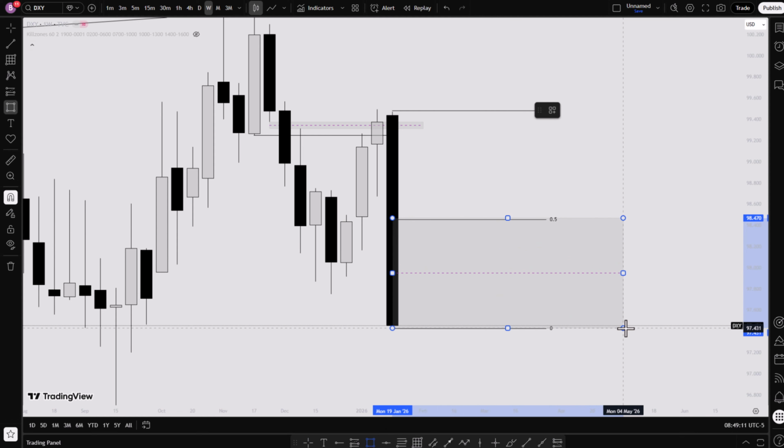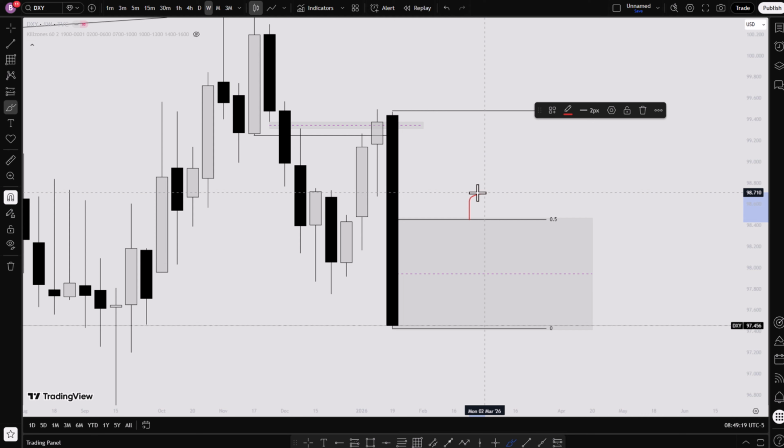We want to be selling at this level. However, price can move slightly above and then continue above 50%, but we don't want to see it at this level. If price should come to this level here, price should be taking out this high. So I'm comfortable selling at this level, below or slightly above the 50%.